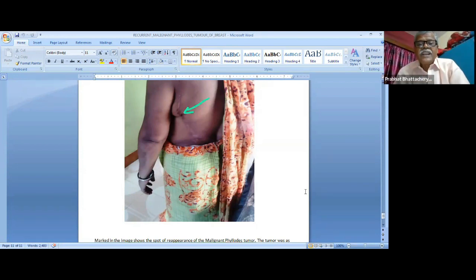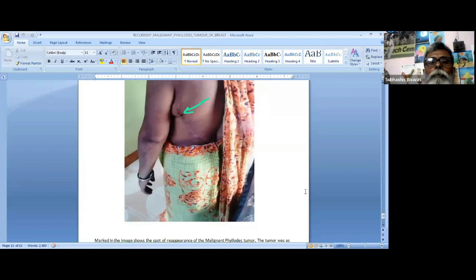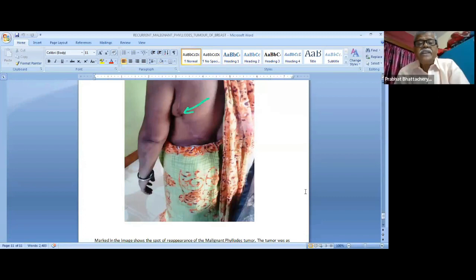Dr. Subhashis, this terminal case you handled homeopathically, with so many hindrances, like his heart medicines were continuing, his medicines for sleeplessness were continuing.